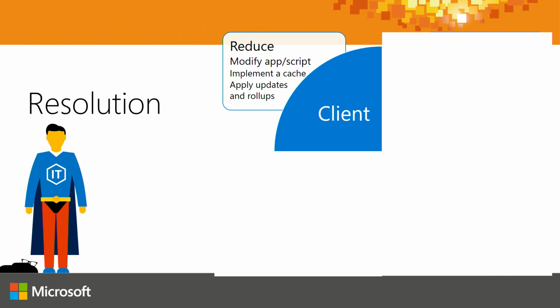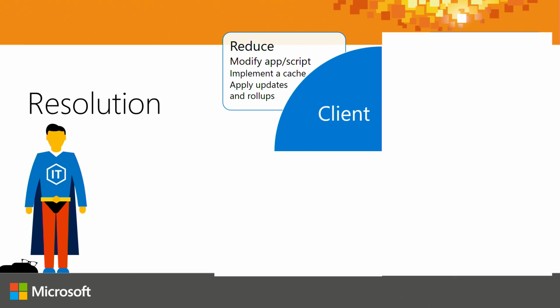All right, so we looked at symptoms, we looked at cause, and now we'll look at resolution. There's multiple ways to resolve these problems, and I've broken them down here into client-side versus DC-side fixes. I'll present them in the order that I would prefer you go after resolving it.